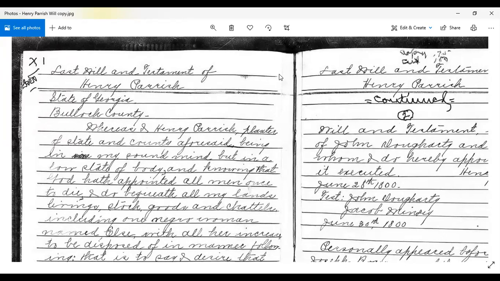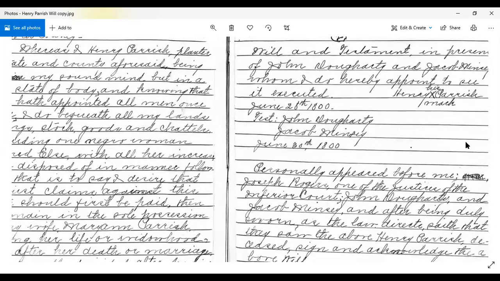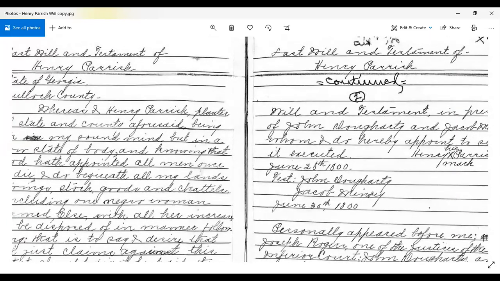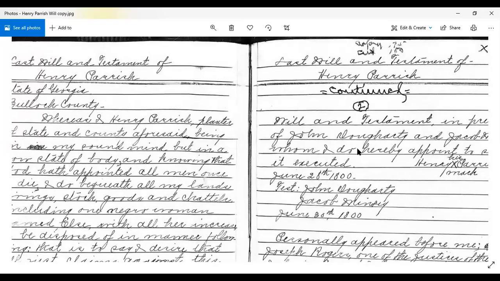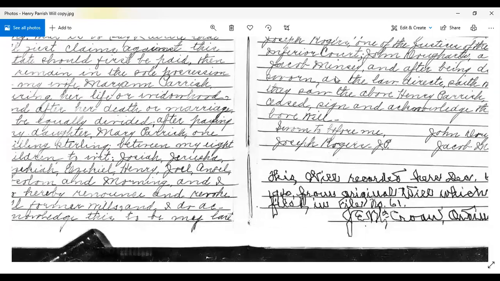Even though this is a will from 1800, this is in the front of a book that is supposed to start in 1816. So for some reason, this will was copied in the front of a book much later. So this is a second copy of it in the courthouse. And again, you can see that they have written his mark there. And it looks almost like two different handwritings here as well.